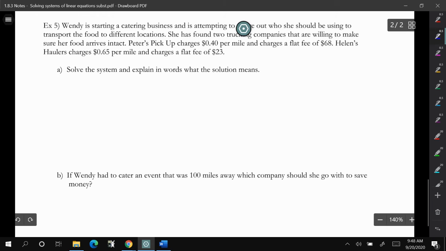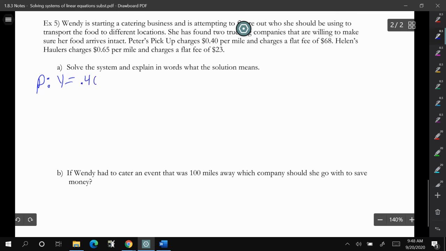Okay, so the equation for Peter's Pickup will be y equals, and since it's 40 cents per mile, we'll do 0.40x plus 68. Remember that flat fee, that's a clue that we're talking about a y-intercept, because it's just $68 regardless as your flat rate.